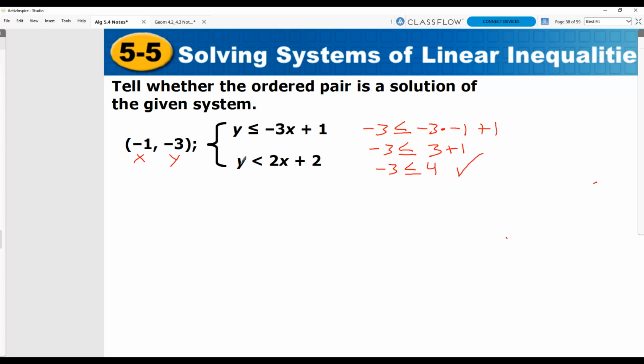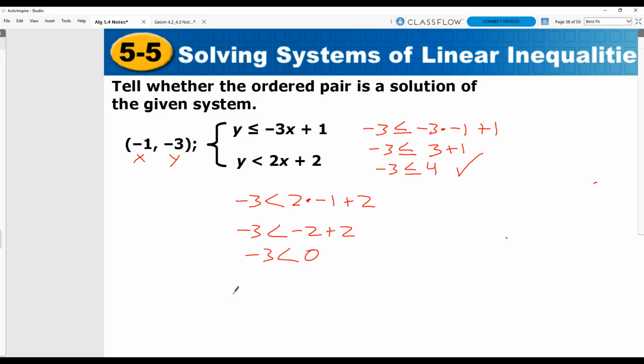Okay, so let's put this in here. We have -3 for y, so -3 is less than 2 times -1 plus 2. Now we'll go ahead and run the math. -3 is less than -2 plus 2. Then we get -3 is less than 0.